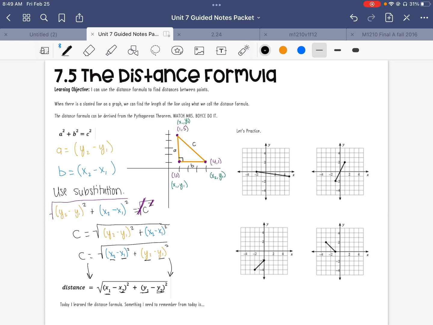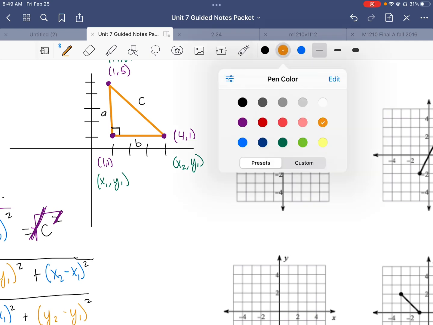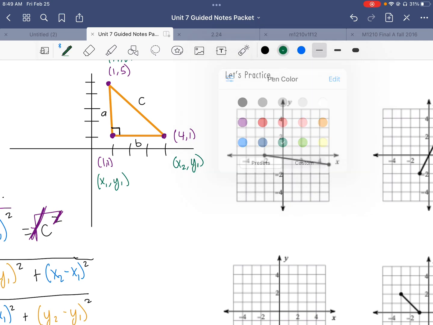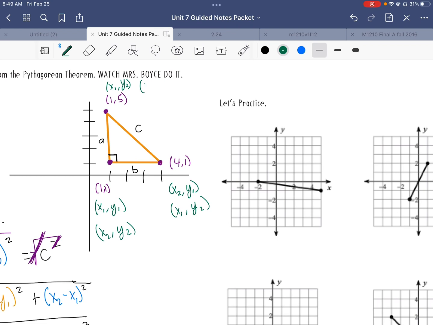I gave those names. So all that's happened here is that when whoever did this formula did it, they actually called this x1 and y2, and this one x2, y2, and then this one x2, y1.